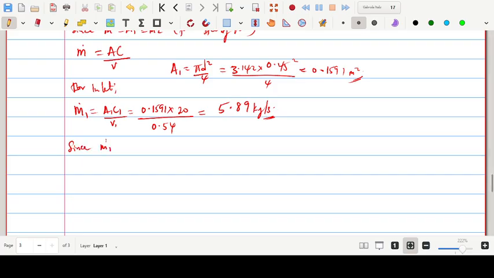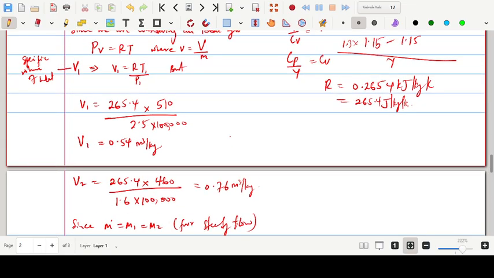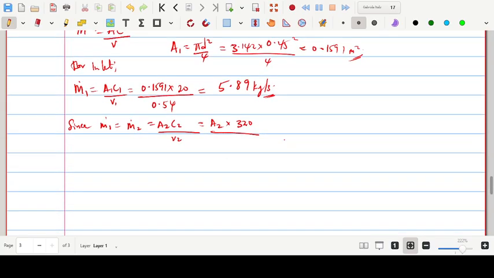Since m dot 1 is equal to m dot 2 as a mass flow rate, this one is now A2 C2 over v2. Now if I substitute, what's going to be my A2? I don't know. My C2, we have it to be 320, over v2. That's what we calculated earlier. v2 here is this 0.76.